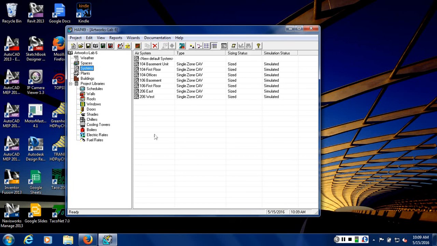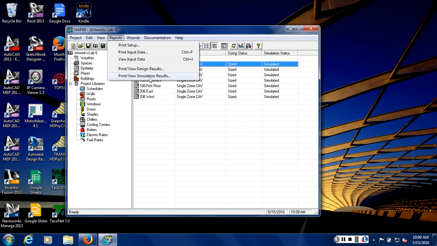Let me take one at a time. Let's take this basement unit right here under systems. If I go up under report, I can do a design. Now, design is equivalent to a load calculation. It's actually going to run a load calculation for that particular system with the attached spaces.